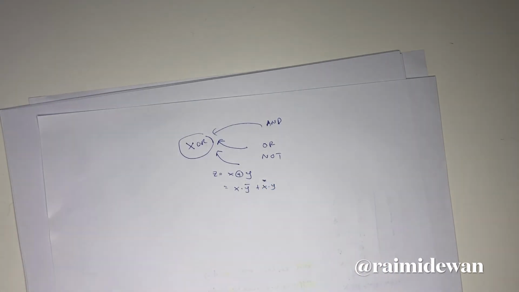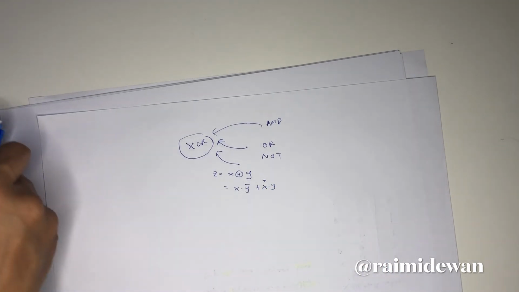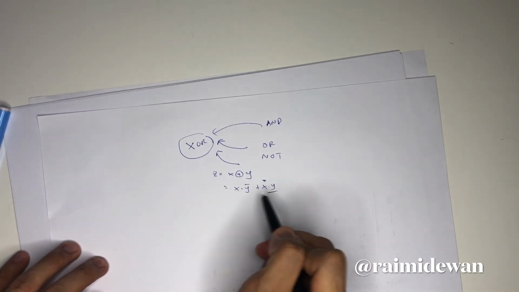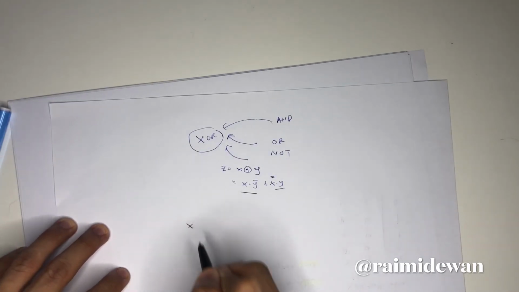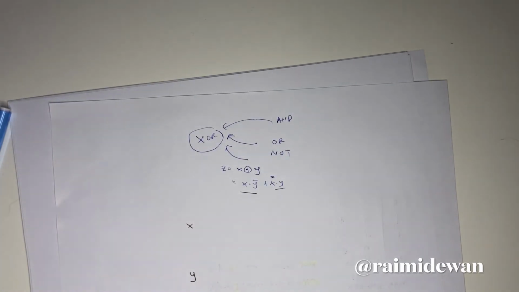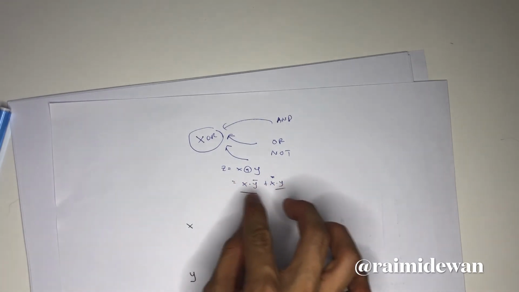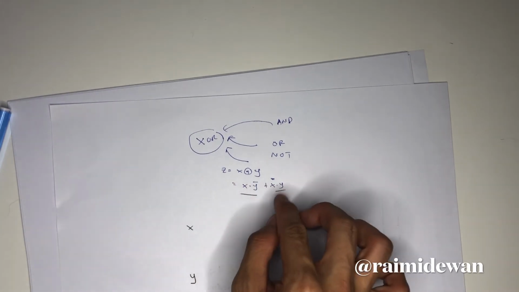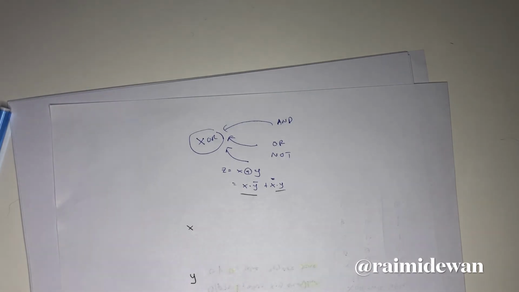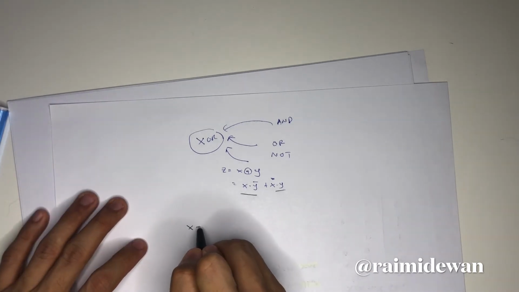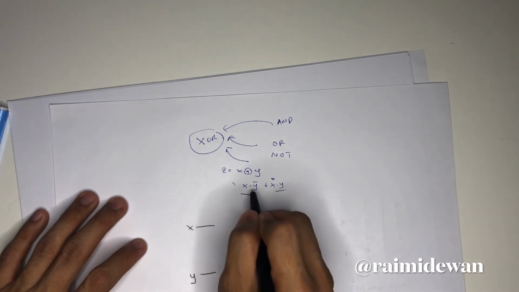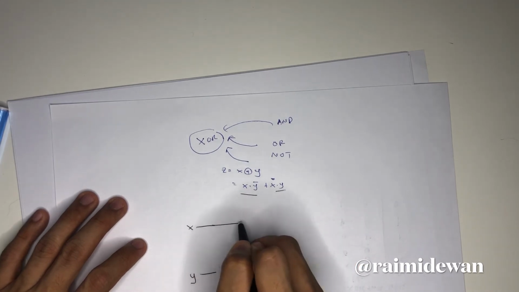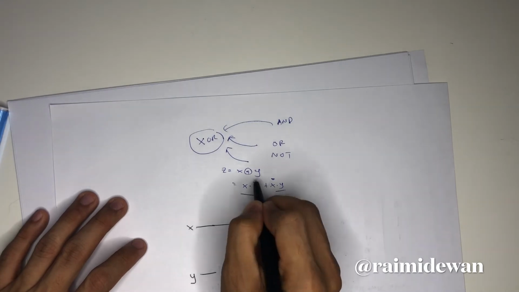So let's consider this. First you have your x and y. Imagine this is one possible input and this is another possible input. For this one, you have your x and y, and this one means AND. Then how about this?